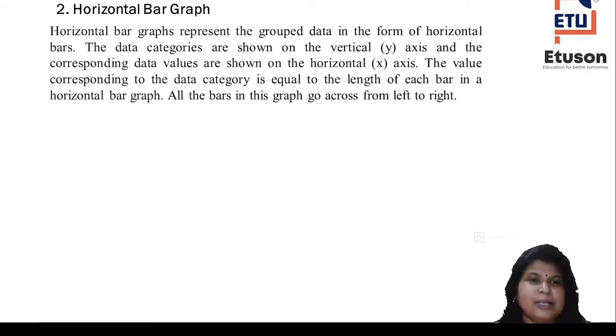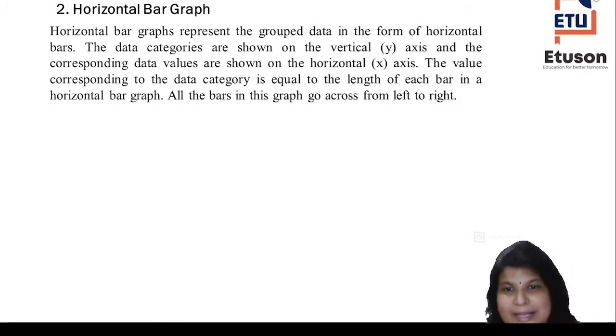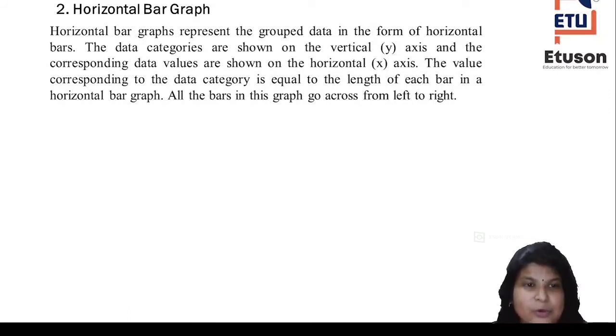The corresponding data values are shown on the horizontal axis. The value corresponding to the data category is equal to the length of each bar in a horizontal bar graph. All the bars in this graph go across from left to right.